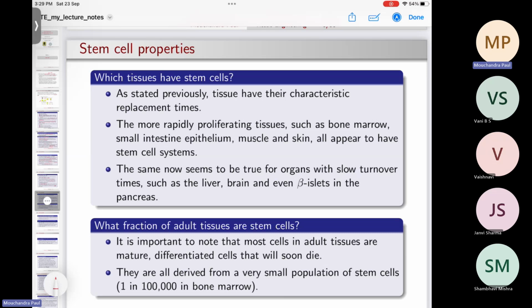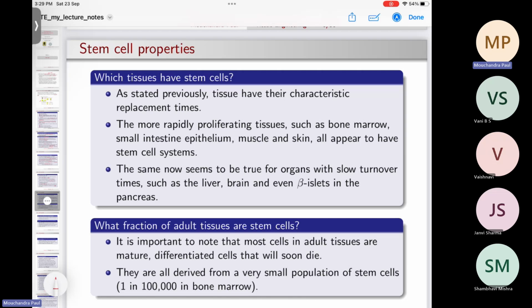During the homeostasis state, we have discussed tissues like the bone, the skin, and the small intestine, where the epithelium layer, like in skin and small intestine, is completely removed after a few weeks or a few months, correct? Only to get replaced by a new layer of epithelium. So there is a continuous replacement, a cycling, where the old cells are removed by the body and the new cells take their place.